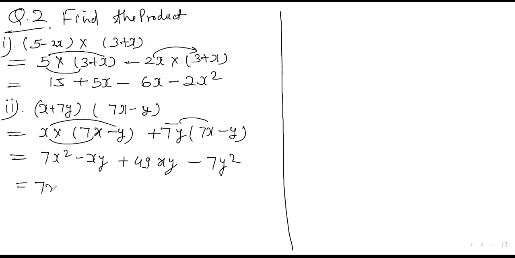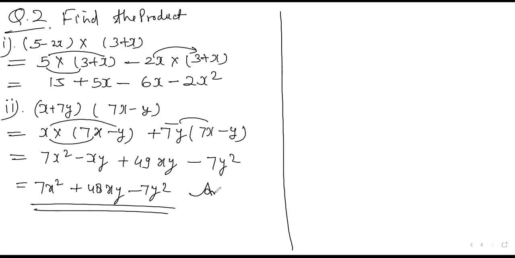Okay, so you just need to simplify this one. This is minus xy simply 1 times, and this 49 gives you 48 times xy, minus 7y square, right? So this is the answer of the second part of the second question.